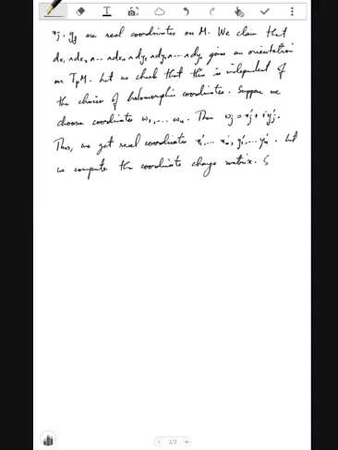Since each wj is a holomorphic function of the zi's, they satisfy the Cauchy-Riemann equations.